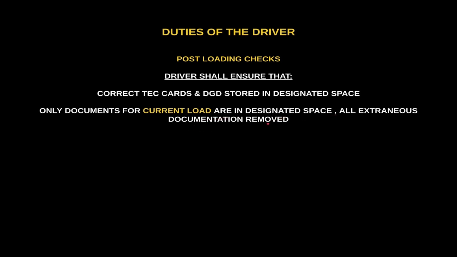So if you were loading a specific type of dangerous goods before and you had your TREM card, but now they have given you a different type of dangerous goods to load, you must take out the old TREM card and the old dangerous goods declaration. Why? Because in an emergency situation where the emergency services or law enforcement are there to help assist with the incident, they don't want to pick up another TREM card indicating the type of substance when the vehicle had a completely different type of substance.